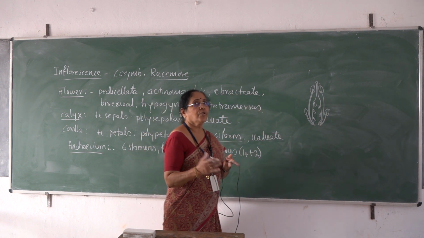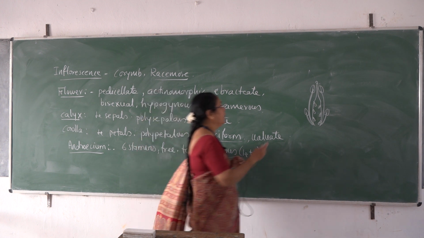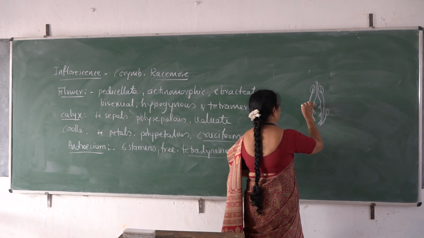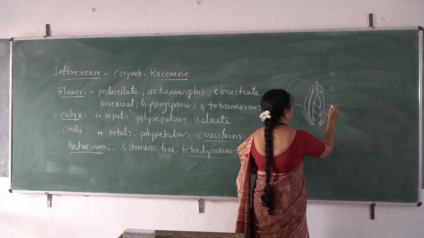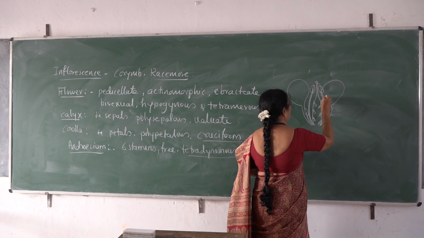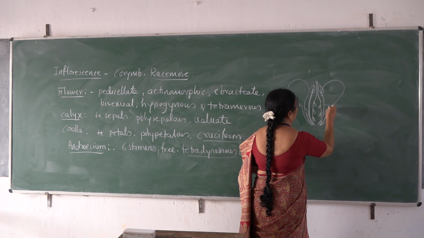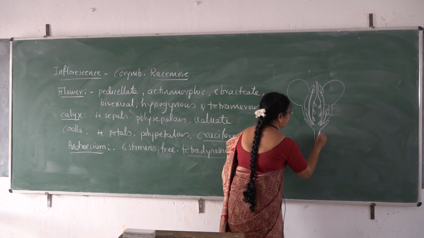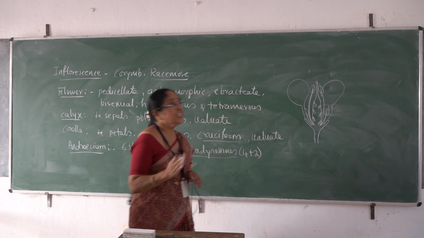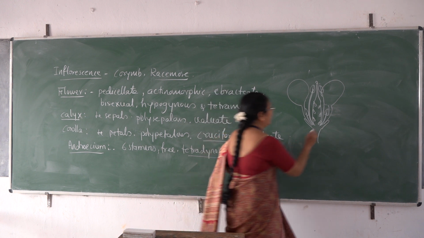It is half, so that you need not draw all the 6 stamens there. It's a clawed petal and this is the calyx. This is how the LS looks like. And let me label all the parts.